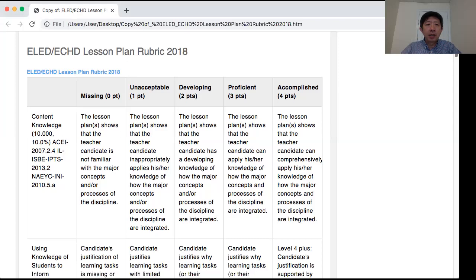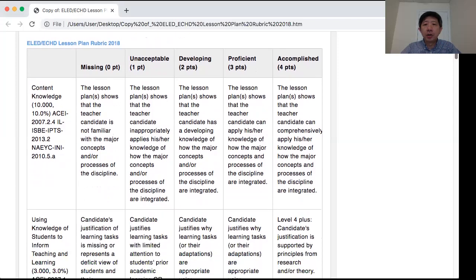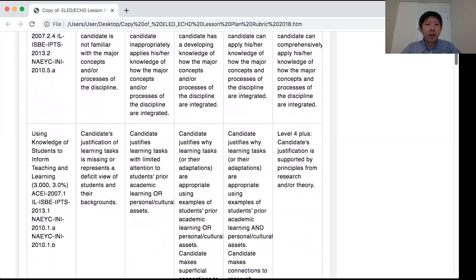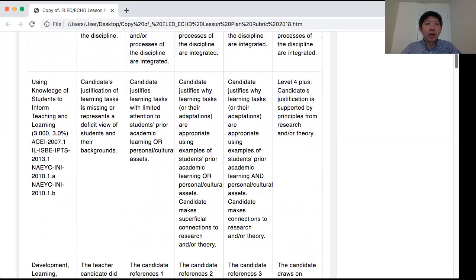So that's the content knowledge. Next, you're going to use knowledge of students to inform teaching and learning. Basically, in any lesson you have to connect with a principle from research and theory.